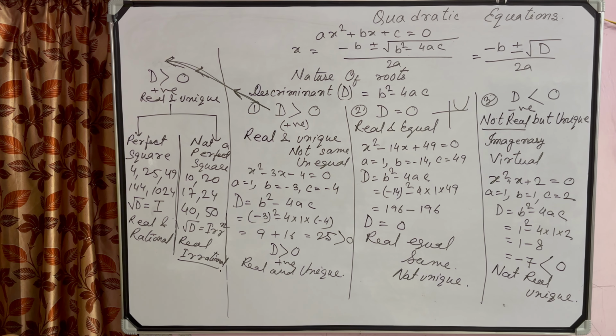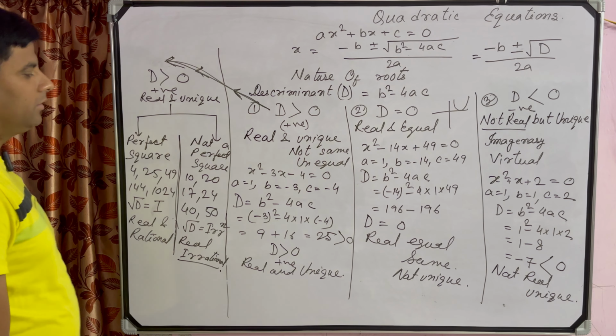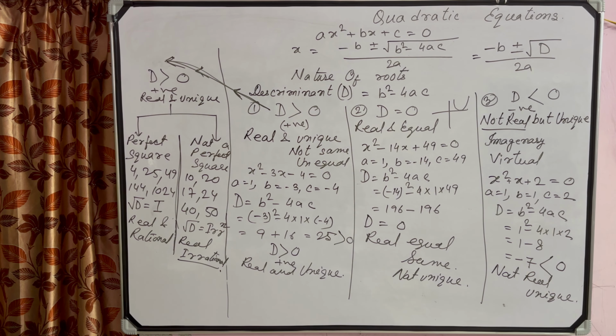Okay, so this is all about the nature of the roots. Although I have given one example for each, I haven't given any example for this one, which I will give you right now. So you can note it down.